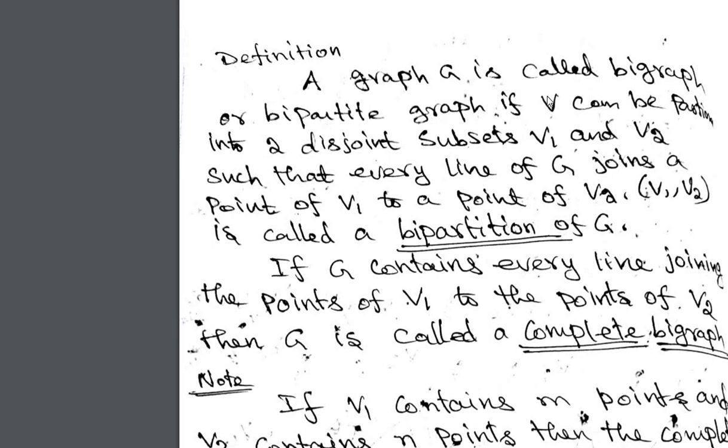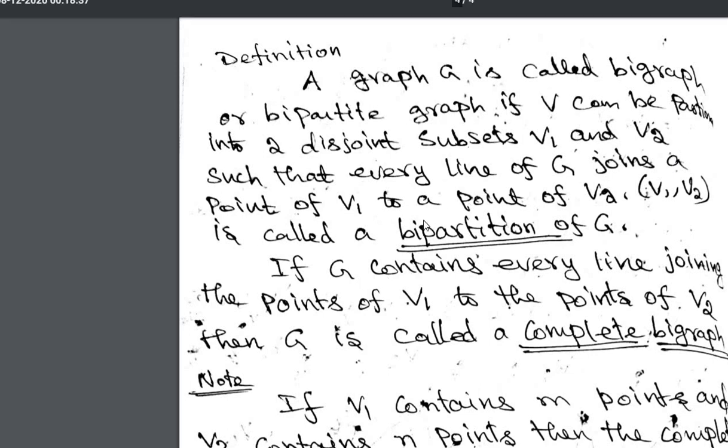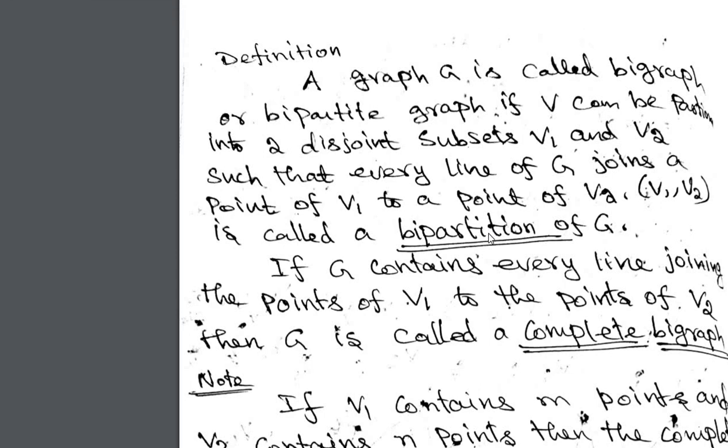Now the edge set: every line of G should join a point of V1 to a point of V2. If the graph satisfies this condition, then we call G a bipartite graph, and (V1, V2) is called a bipartition of G.